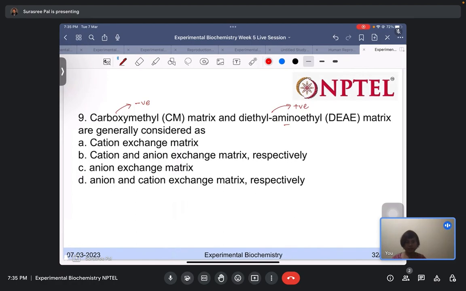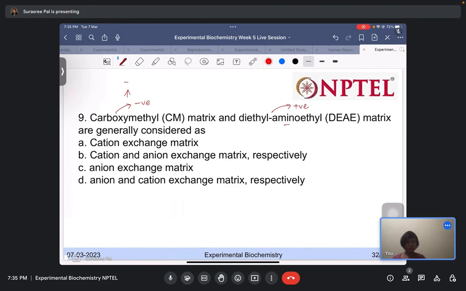So in a negatively charged matrix, cations will bind, and by increasing the salt concentration of the buffer, so by passing 1 molar NaCl, we can elute out the bound protein, right? So by high concentration of salt, we can elute out the protein.